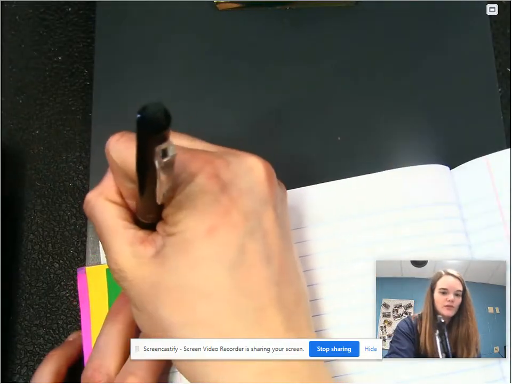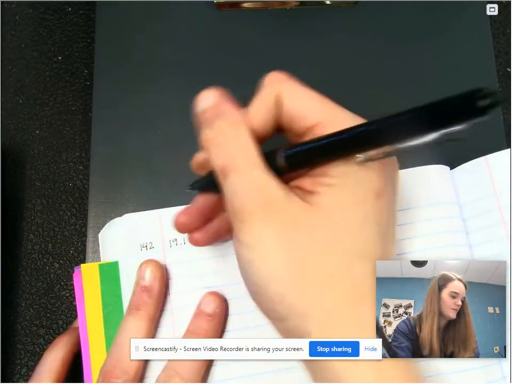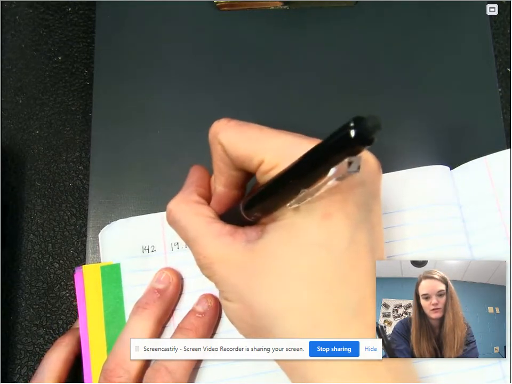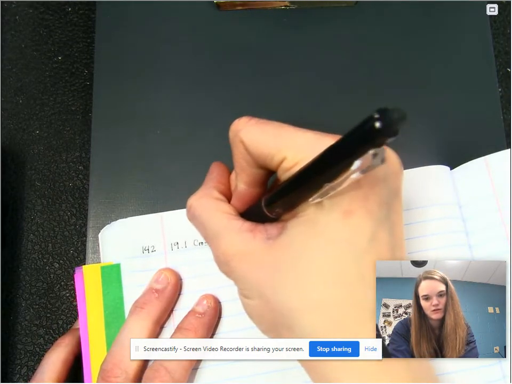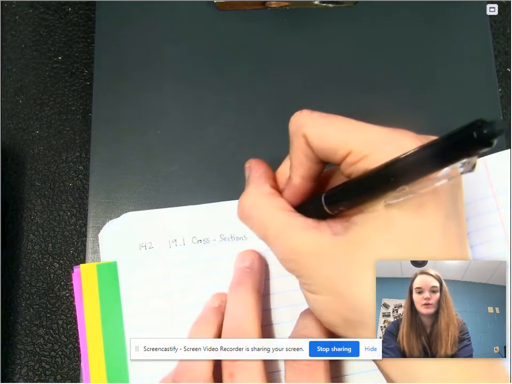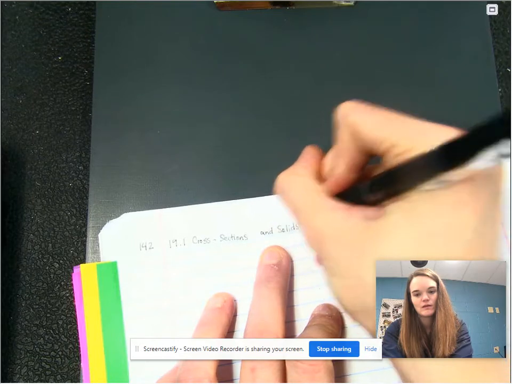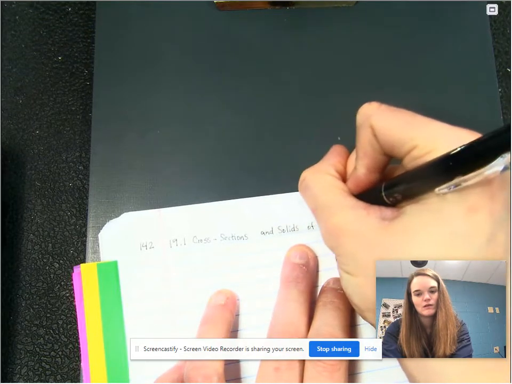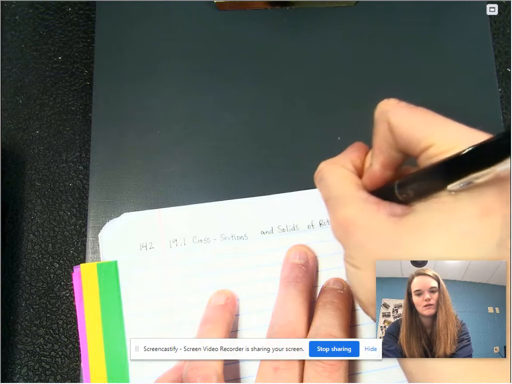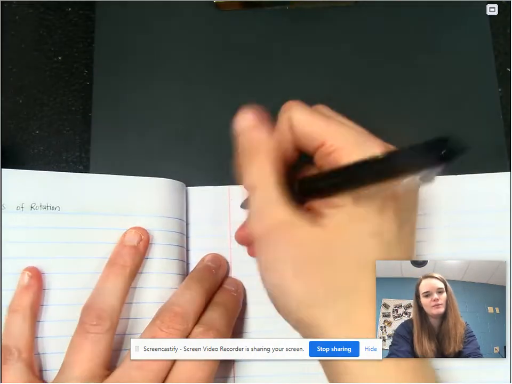So 142, it's 19.1, cross sections and solids of rotation. Okay, so 143 is the same.